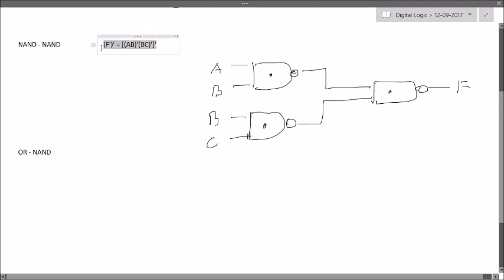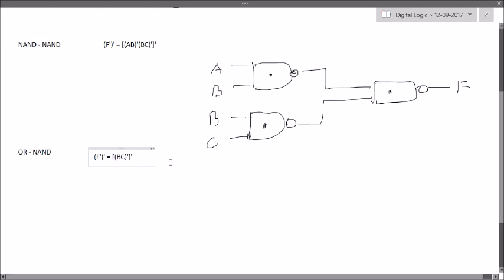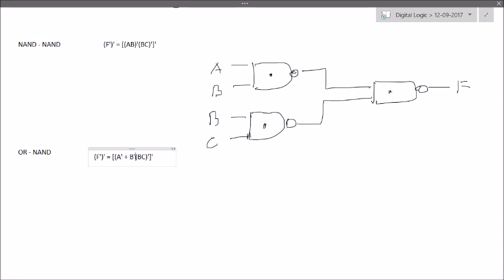So let's try it. So let's bring it down. Now let me write it step by step. So this (A times B) prime is a NAND gate, right? So if we apply De Morgan's law to it, we get A prime plus B prime.